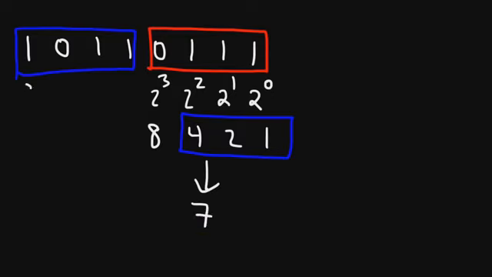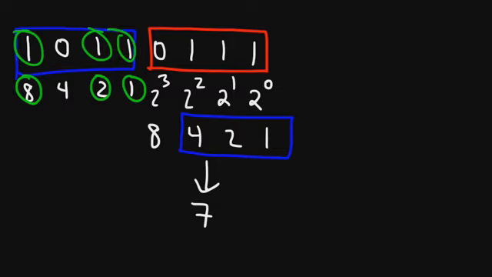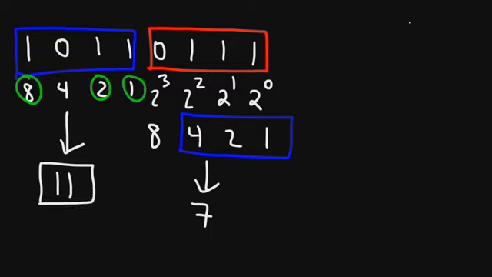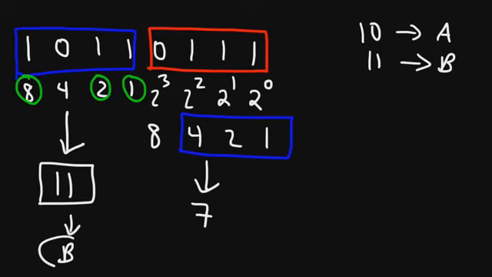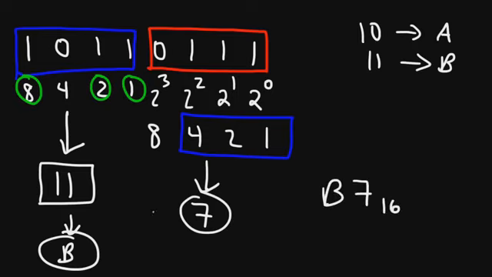Now for this one, this is 8, 4, 2, 1. So we're going to add up 8, 2, and 1 because they have a 1 value associated with them. So 8 plus 2 plus 1, that's going to give us 11. Now we need to convert these numbers into the hexadecimal values. 10 corresponds to A, and 11 corresponds to B. So we're going to replace 11 with B. And so we have B7, base 16.